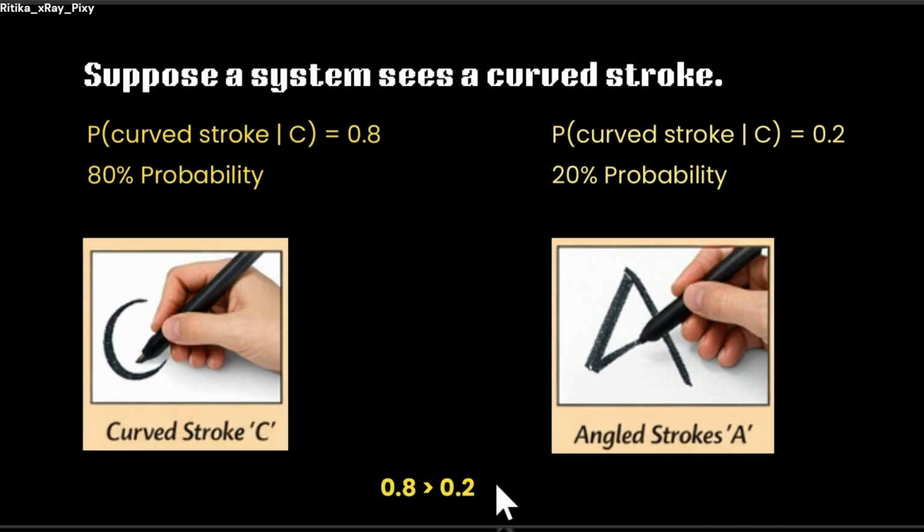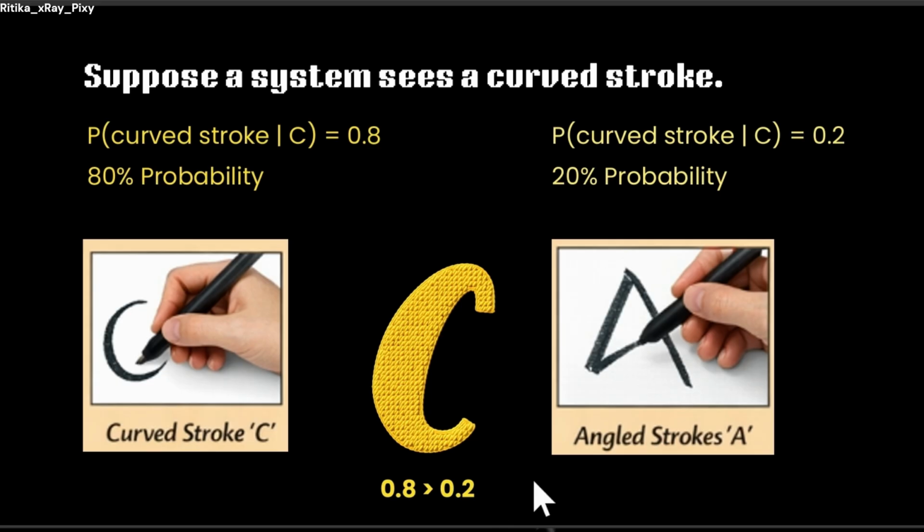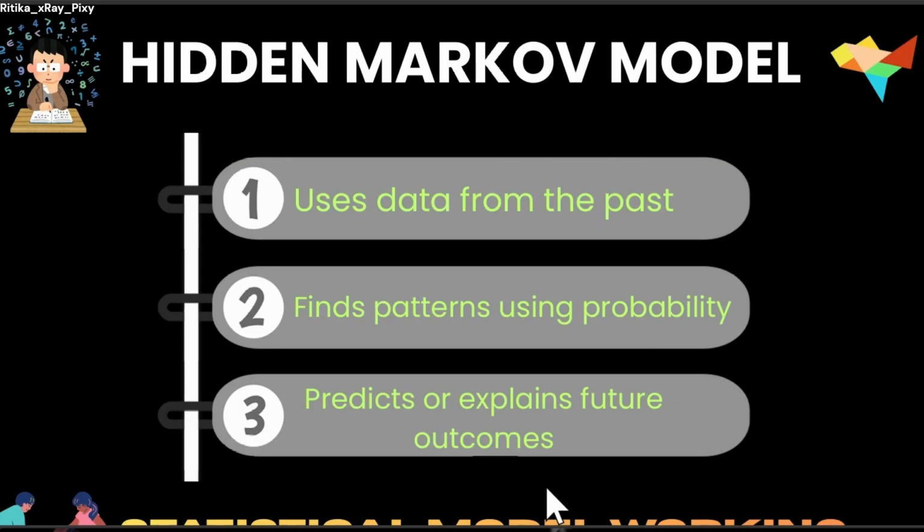This means the system says it can be C, since we have the greater probability for letter C. So this is a probability based decision made using a statistical model. In a statistical model we have the past data, plus we use probability, and then we make the predictions.